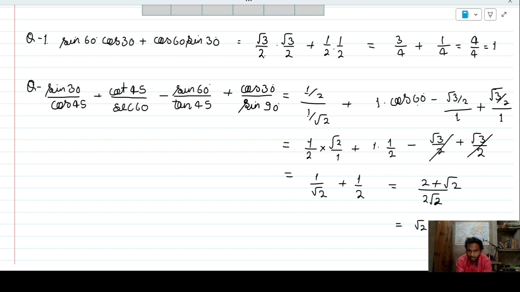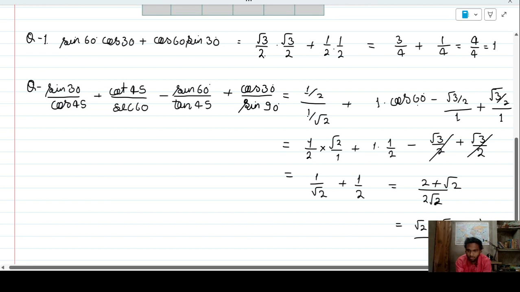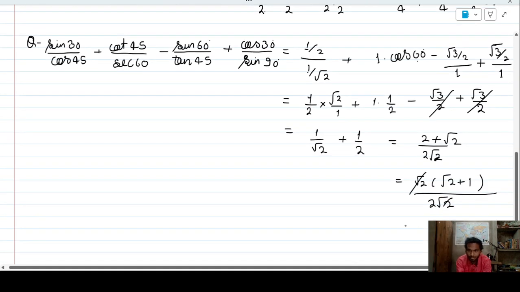Okay, this is root 2 plus 1 upon 2 root 2. Root 2 cancels with root 2, root 2 plus 1 upon 2, this is the answer.